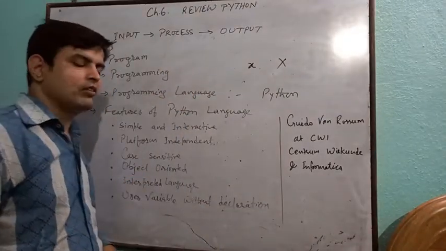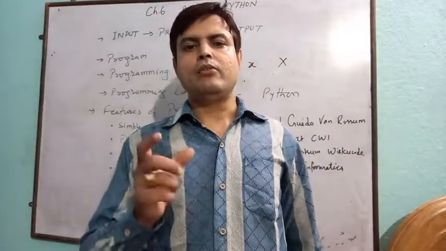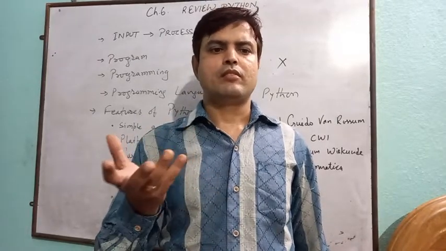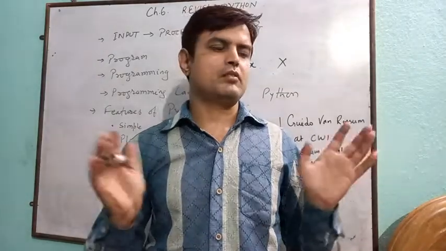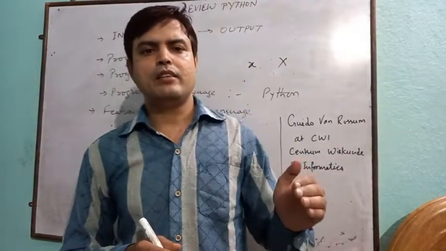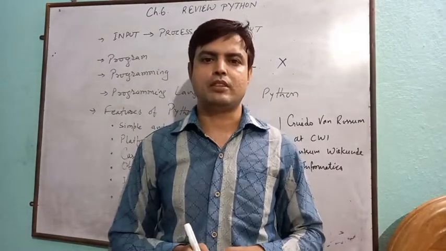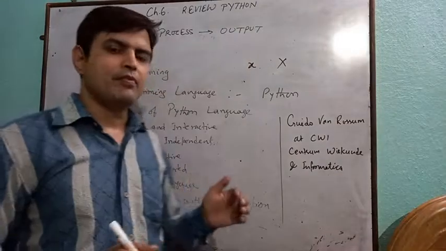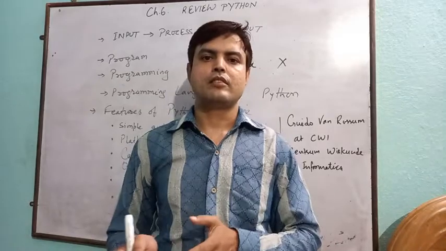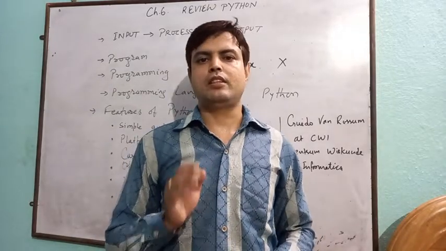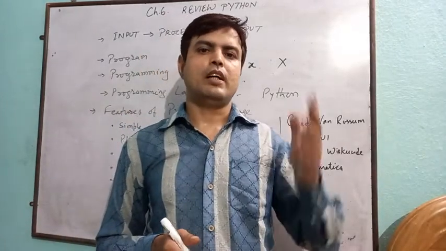The next feature is object oriented. Here object means any real world entity, the things we see in our surroundings, and these can be modeled in the programming language. Object oriented means it considers the class and its objects, but this feature will be taught in the higher classes.